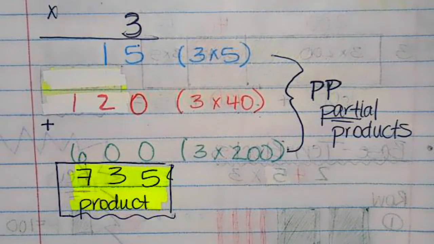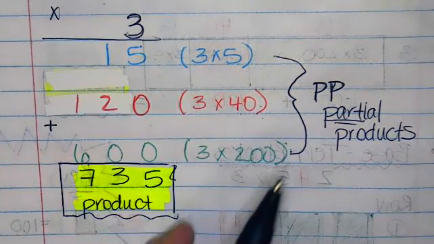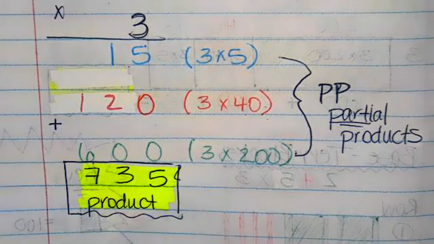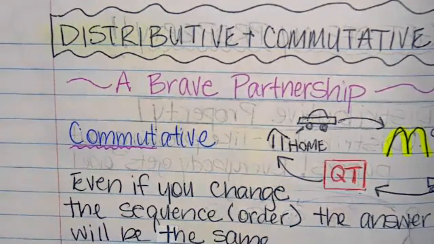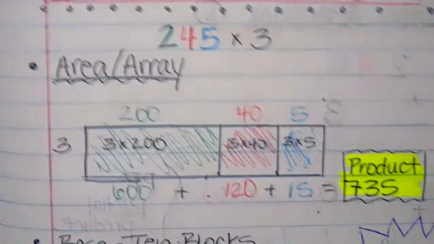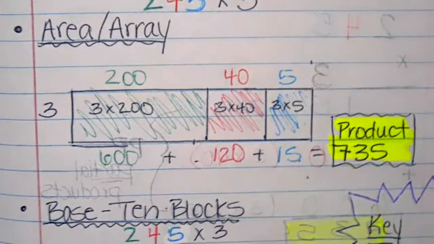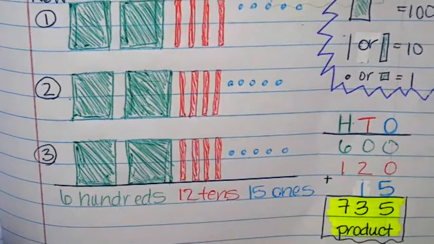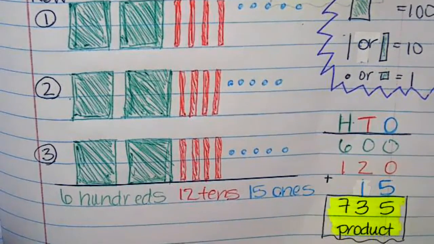So to continue with this learning, we find that our partial products will add up to our answer, 735. It didn't much matter if we did this in the baby algorithm, the area or array model, or the base 10 model. Any way you did this, you are going to get the same end product, which is 735.